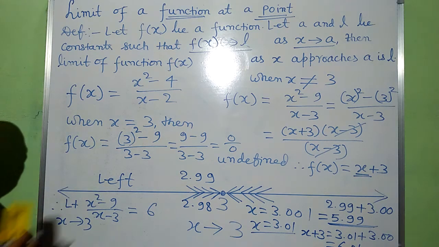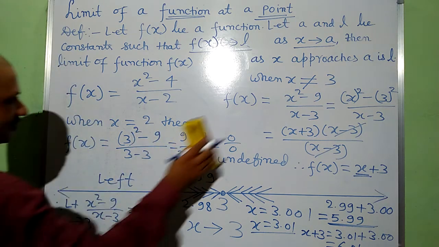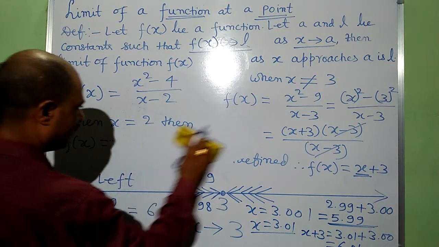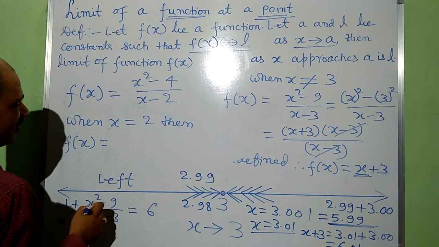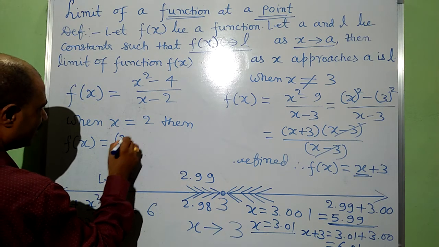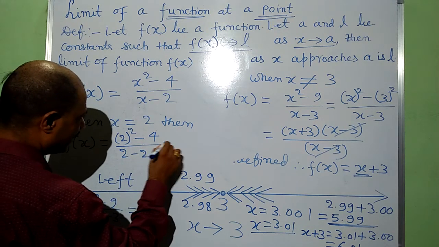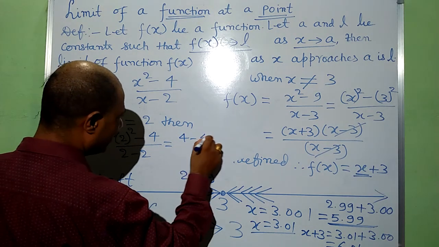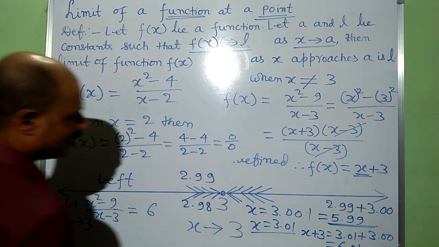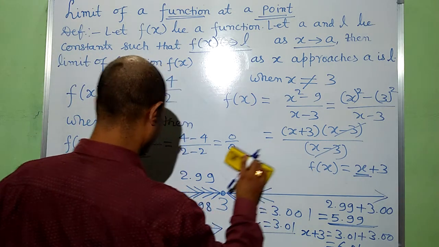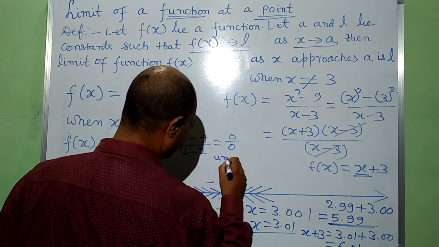Even in this form, when x is equal to 2, the value of f(x) is 2 square minus 4 by 2 minus 2, that is 4 minus 4 by 2 minus 2, that is 0 by 0. This is again undefined.